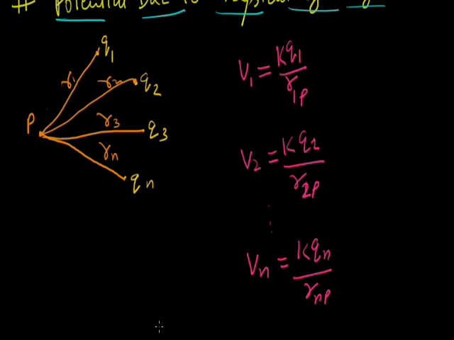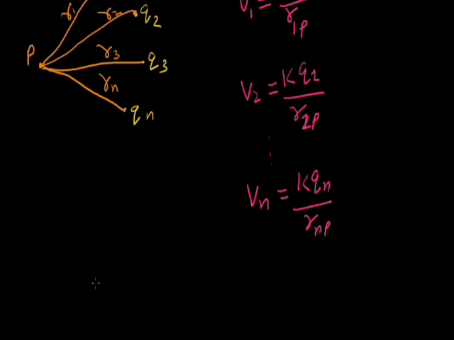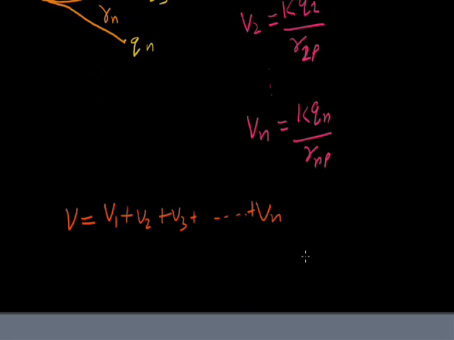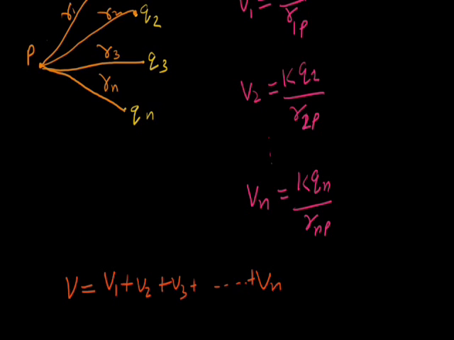So the net potential V will be equal to the sum of all the potentials V1 plus V2 plus V3 plus Vn. For example, we'll do a question on the same.